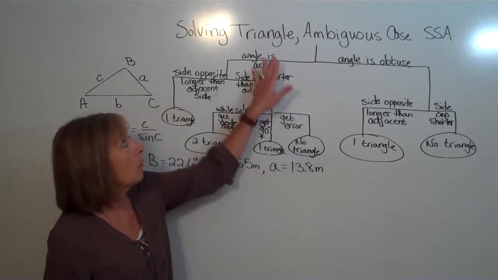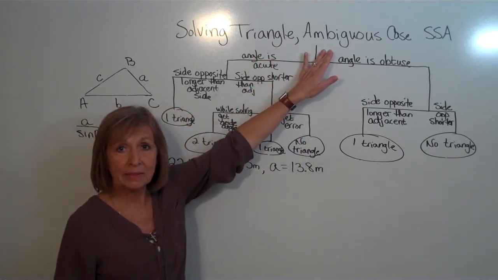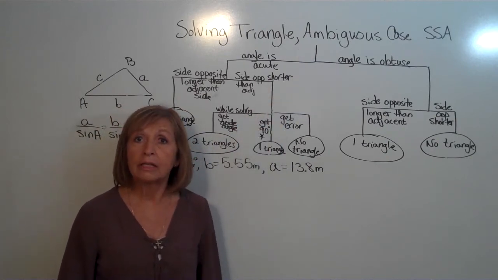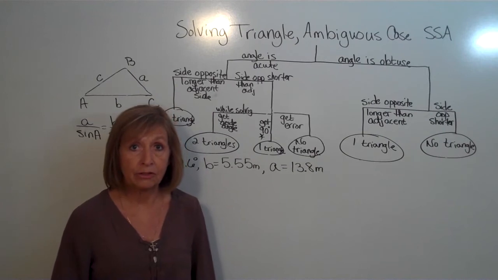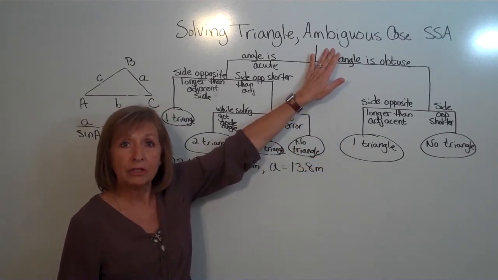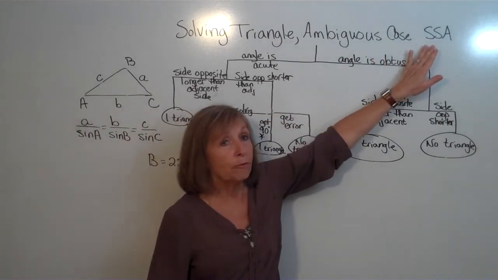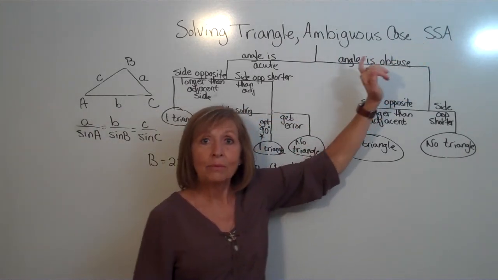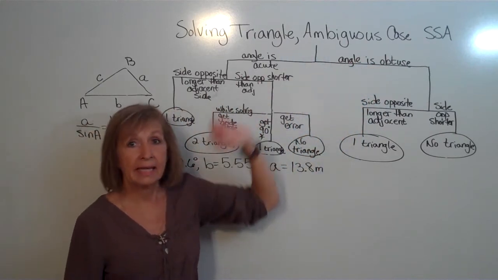So let's recall what we have in terms of the ambiguous case. First of all, an oblique triangle is a triangle in which there is no right angle. And if we have an oblique triangle and the information that we know is side-side-angle, then we have what's called the ambiguous case.